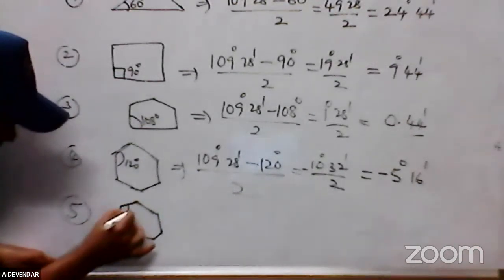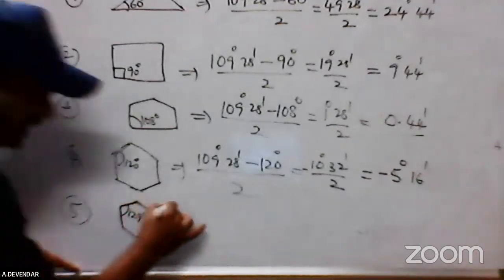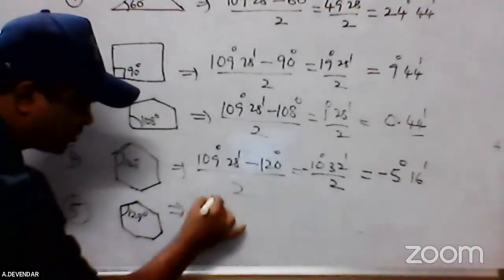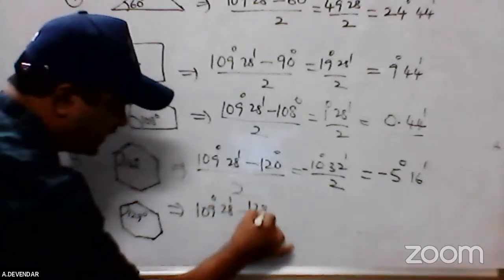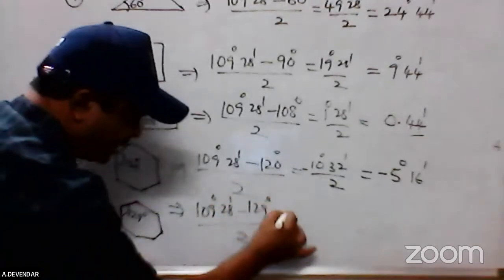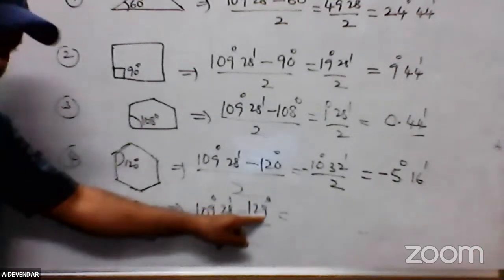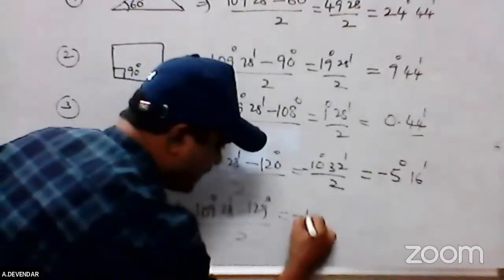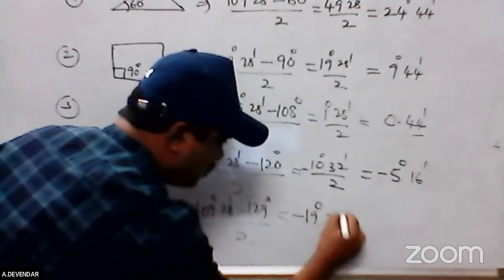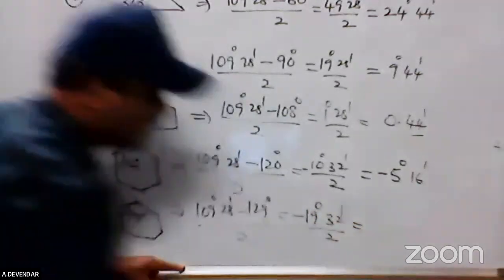The bond angle is 129 degrees. So calculate: 109 degrees 28 minutes minus 129 degrees, divided by 2. Taking it as 110, the remaining is 19 degrees 32 minutes, divided by 2.